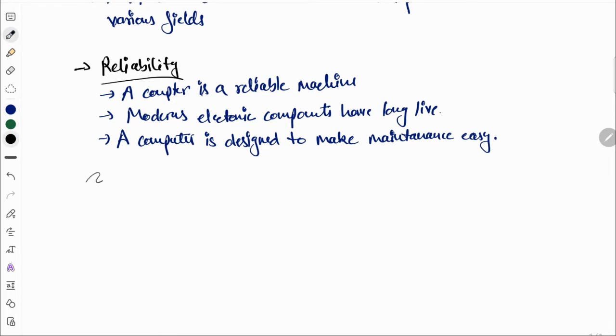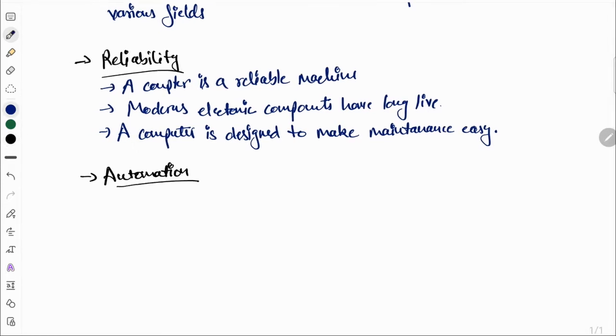Automation. A computer is an automatic machine.